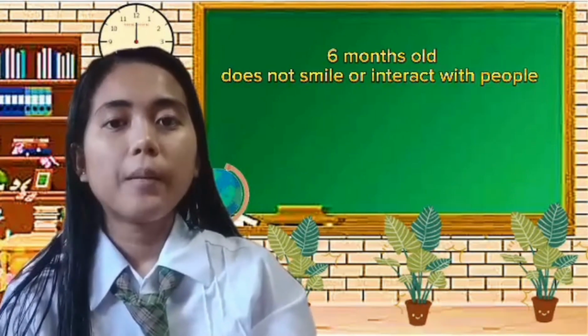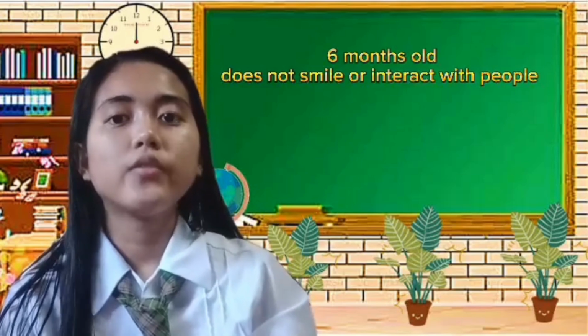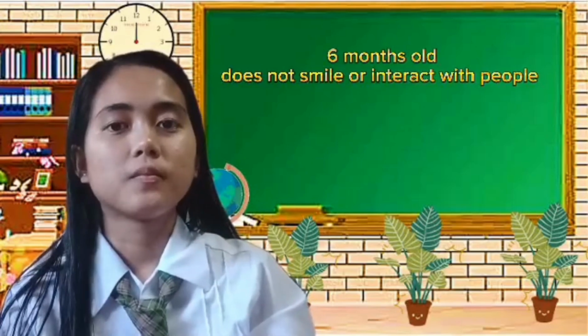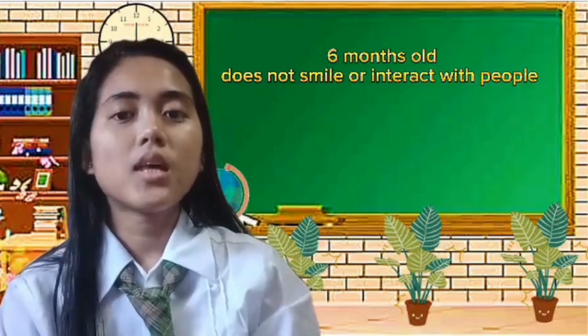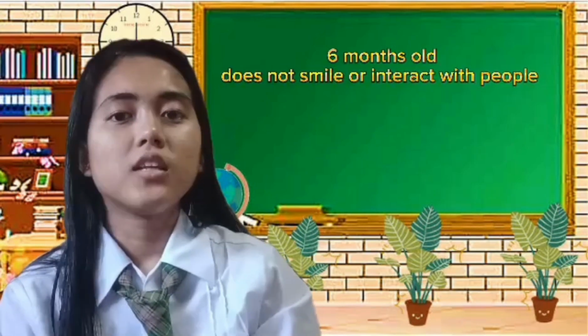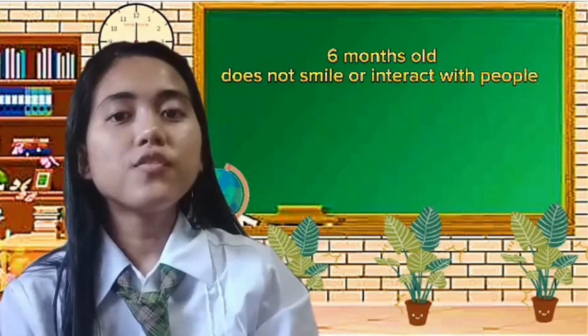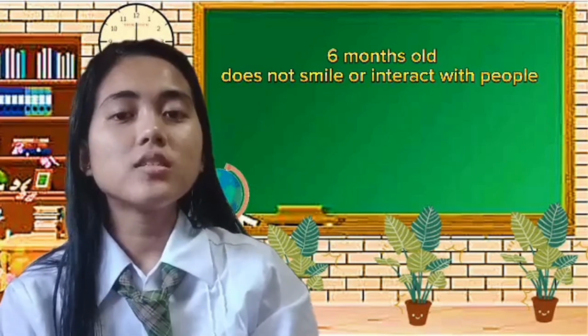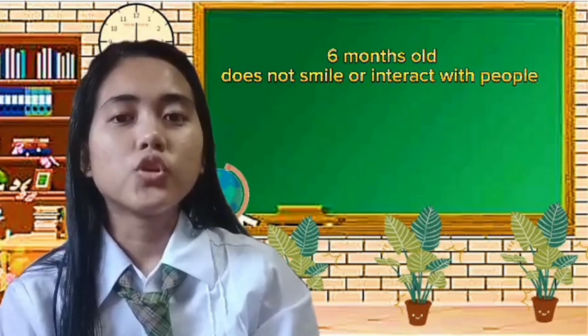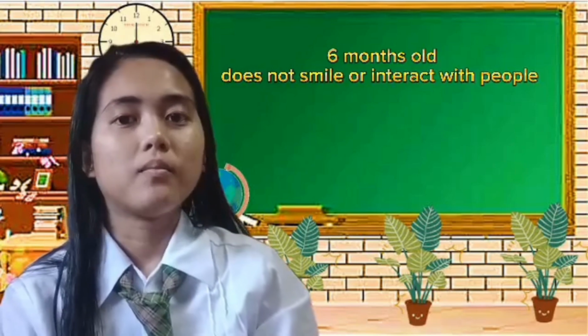At this age, baby knows how to smile and respond with others. Many studies have indicated that from birth, infants imitate the facial expressions or emotions of the adult around them.